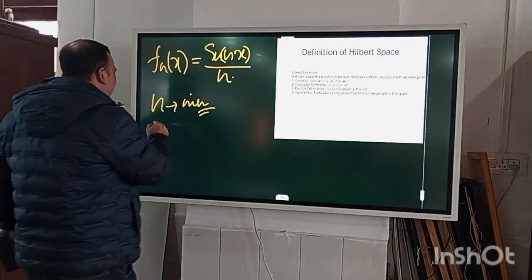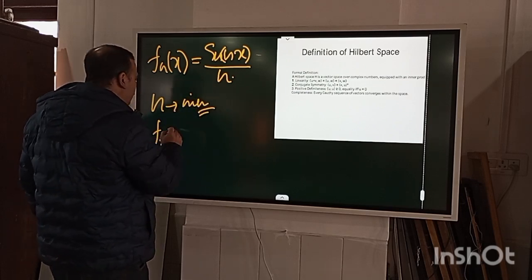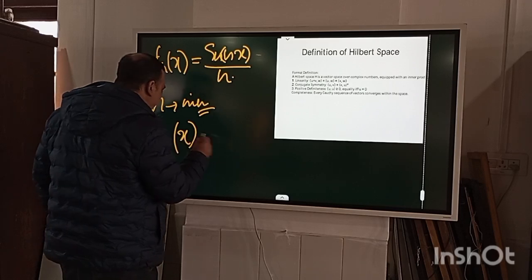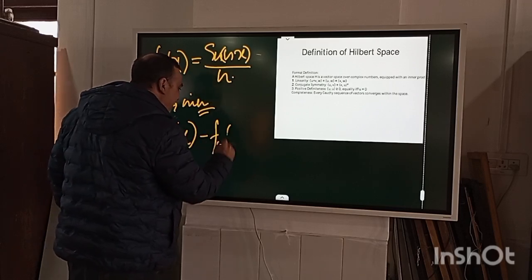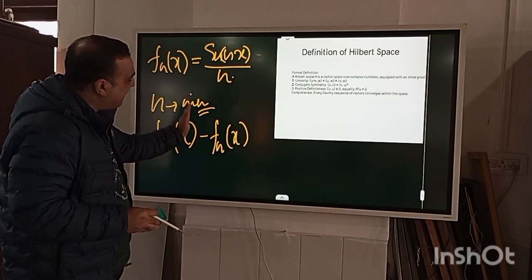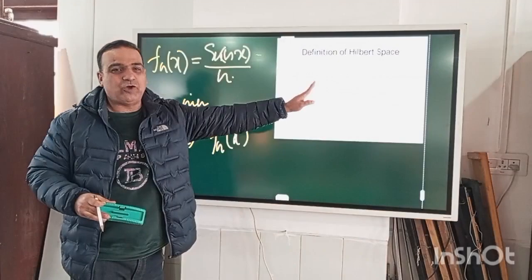That means if I have another function f_m of x, the gap between f_m of x and f_n of x goes on decreasing at every step as you move on and on.